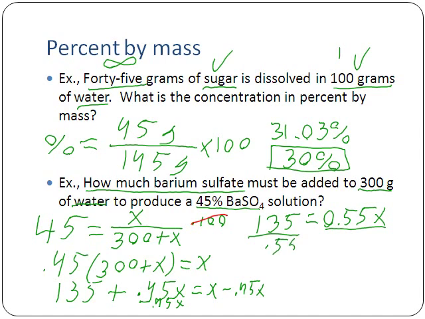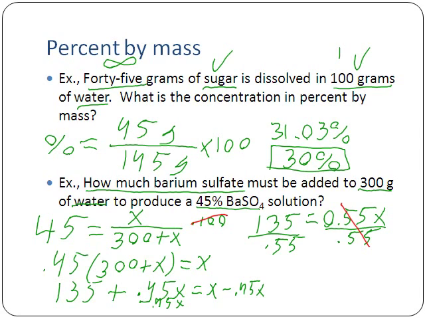Divide both sides by 0.55. Doing that, that's going to cancel out on one side our 0.55s right over here, and that should let us go ahead and figure this out. So we'd say 135 divided by 0.55. And I get 245.45.